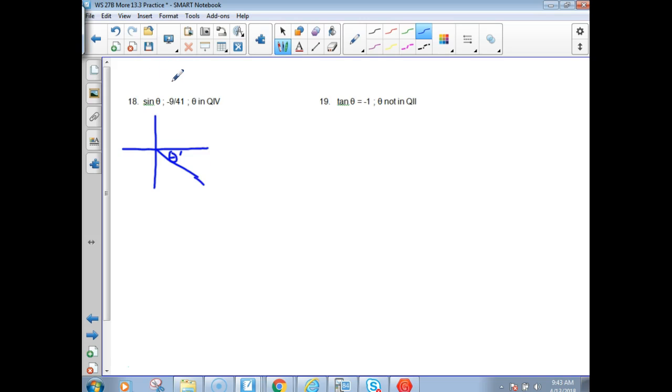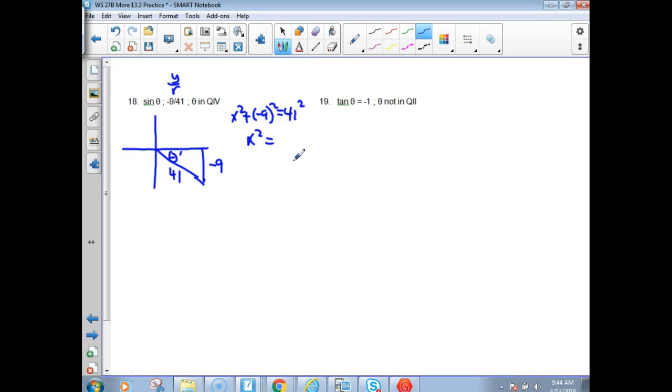Sine is y over r. So the y part is the -9. The r is 41. You need to find x. So x squared plus -9 squared equals 41 squared.